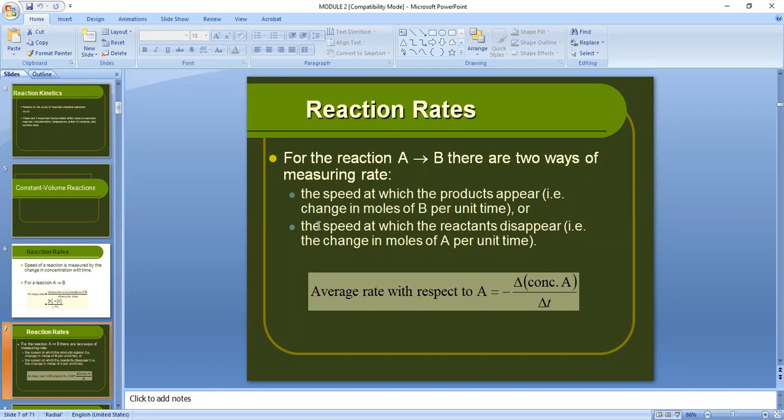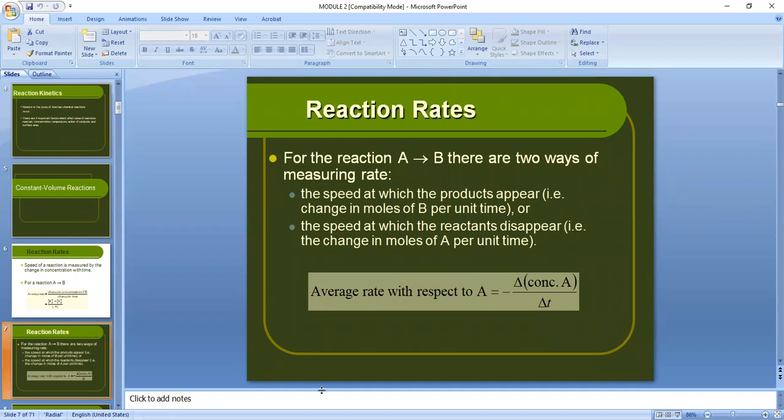It could be the product, so the speed at which that product is being formed, or it could be any of your reactants, and it would be the basis of how that reactant is being consumed in the course of the reaction. Either of the two, you are still expressing the rate of that particular reaction. It only depends on the particular species on which you base that rate.